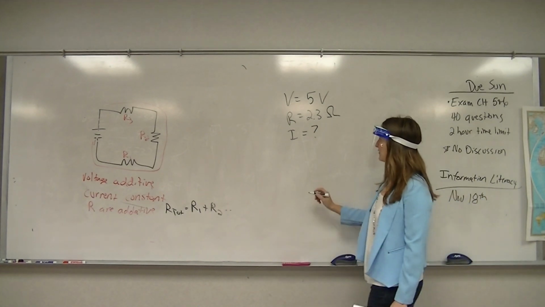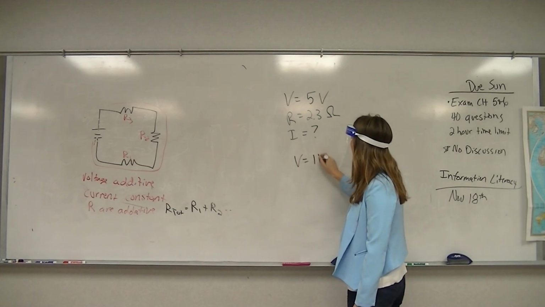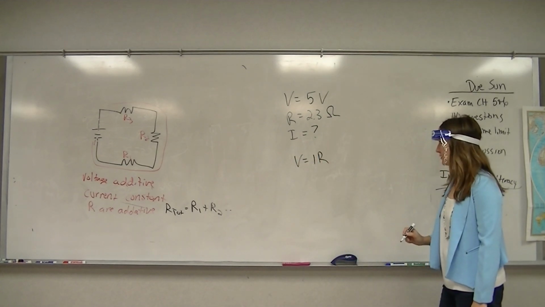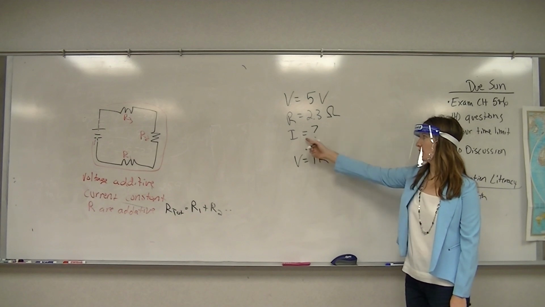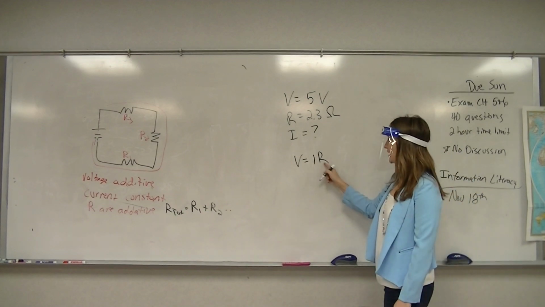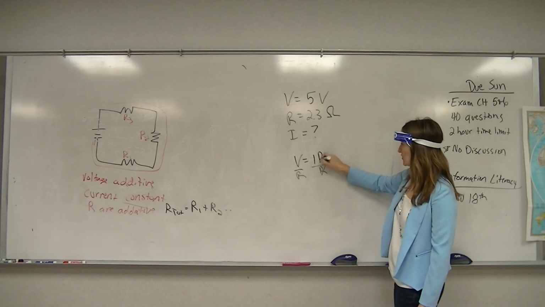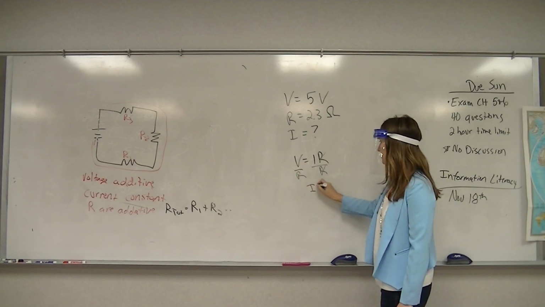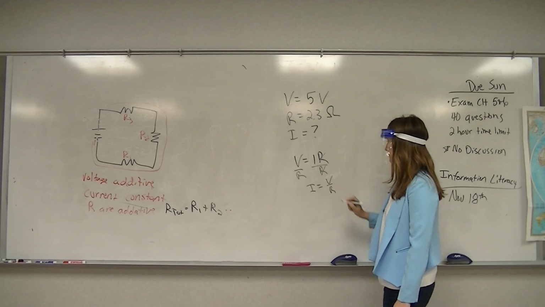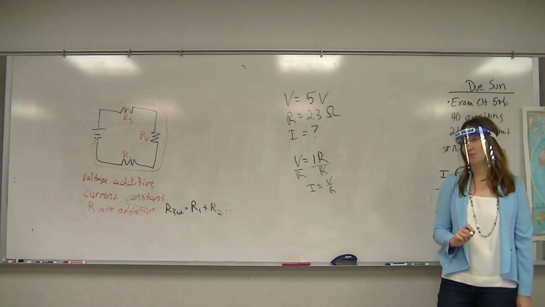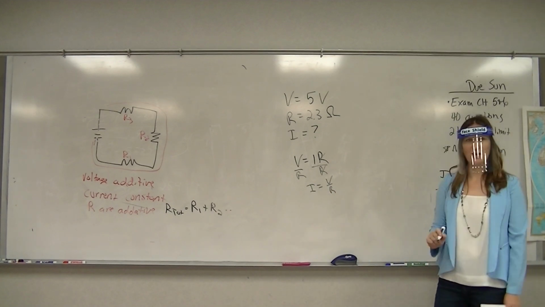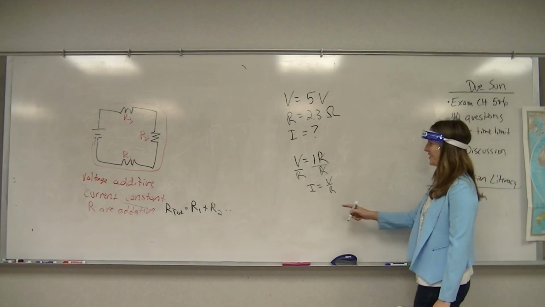The equation we have to solve for this is V is equal to IR. Rearrange to solve for the current, for the I. We want to get rid of the R, so we divide by R. Whatever we do to one side of the equation, we have to do to the other. I went through that rearrangement quickly, but I feel like we've done it a whole bunch of times.